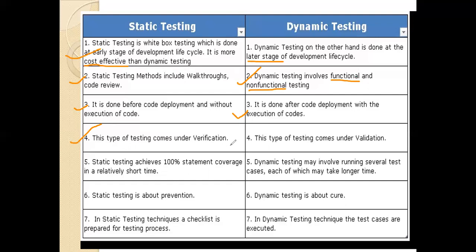We already had this difference between verification and validation, and dynamic testing comes under validation. Then static testing achieves 100% statement coverage in a relatively short time. What code coverage is, we are going to see in upcoming bits of this chapter.